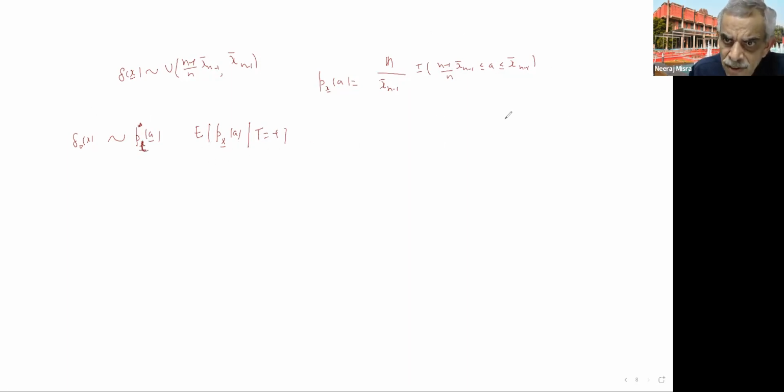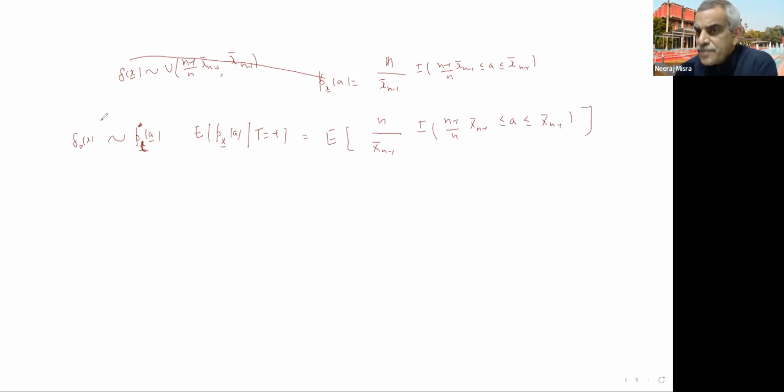That means you have to find the expected value of the PDF of this randomized estimator with respect to the conditional distribution of x given t, which is the same as the expected value of n upon x bar n minus 1 times the indicator that n minus 1 by n x bar n minus 1 is less than or equal to a, less than or equal to x bar n minus 1, given T is equal to t, because the expectation has to be taken with respect to the conditional distribution given the sufficient statistic. T is equal to t means x1 in this case.